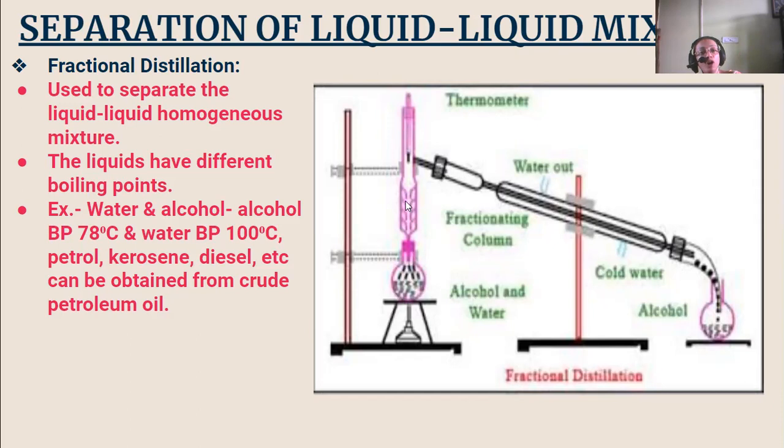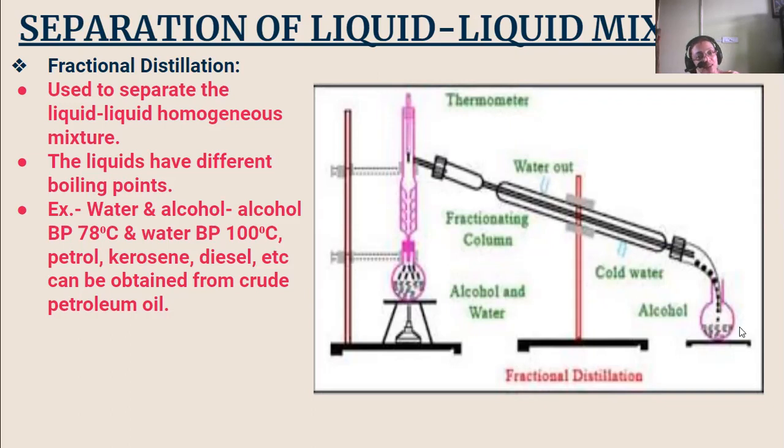The water will not rise so much because its boiling point is 100 degrees centigrade. So alcohol vapor comes through the Liebig condenser, gets condensed and is collected in a flask.